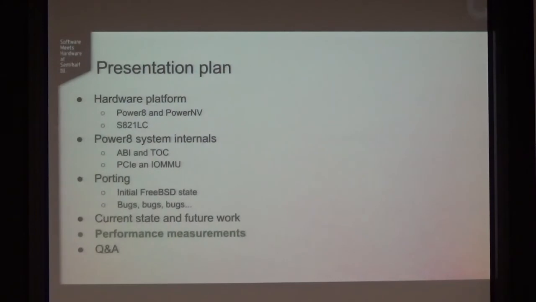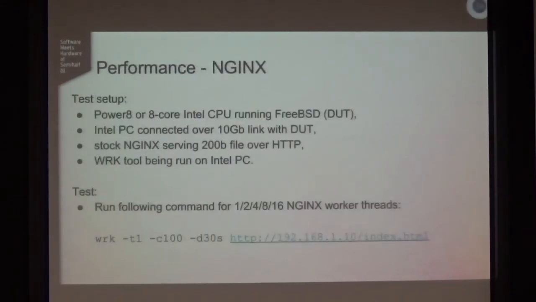I also have some, we have some time, so I also have some data to present about the performance we got. I've prepared two tests to show what you can expect for the system performance if you buy a PowerPC. The first test which I did was an Nginx test.